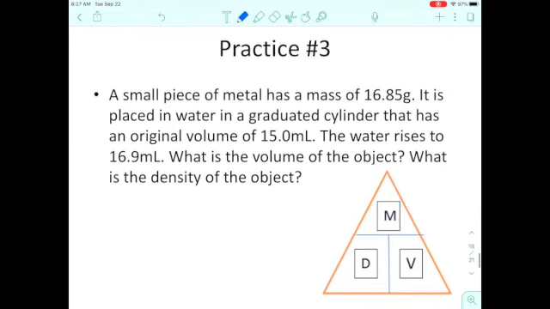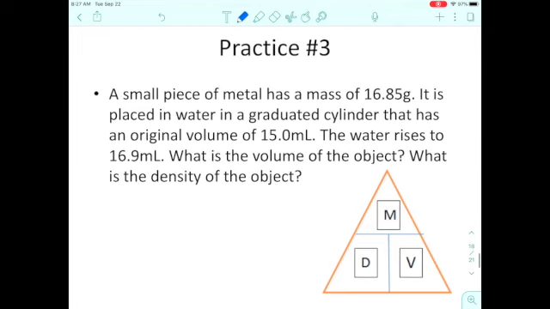Our last practice problem, it's got 3 parts. The first 2 are here on this slide, and then once we solve it, we have another question to answer about it later. But a small piece of metal has a mass of 16.85 grams. It is placed in water in a graduated cylinder that has an original volume of 15 milliliters.